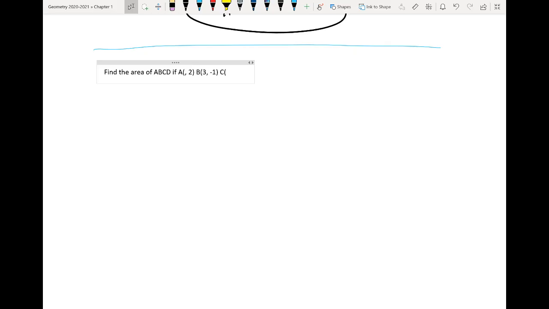Sorry, this is going to be (-3, 3). So you're going to have to erase a little bit in your notes. That's why it's a good thing that you're using pencil. This guy is (3, 3). C is (3, -1). And D is (-3, -1).